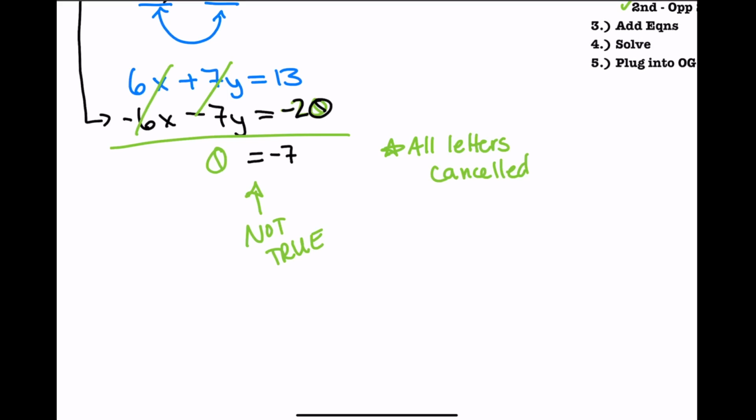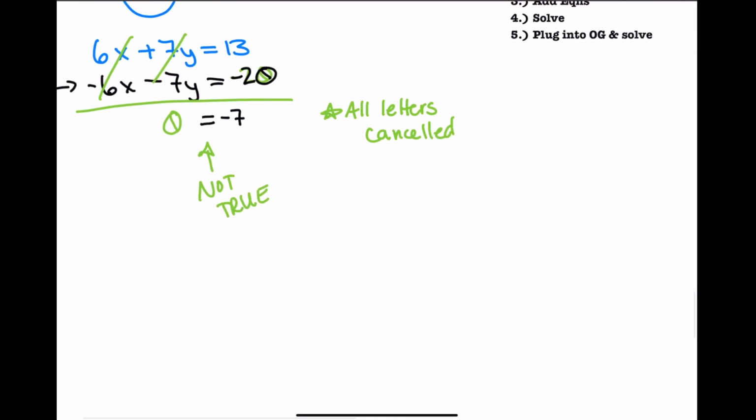Now again, if you actually add 6x and a -6x and you write 0x plus 0y equals -7, again, remember, these are being like multiplied to those letters.